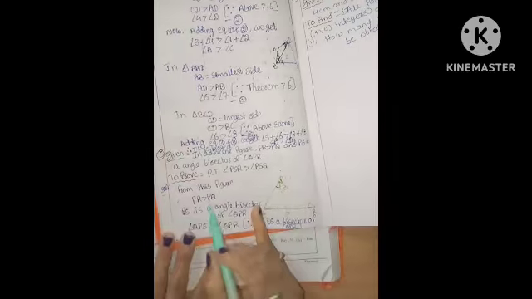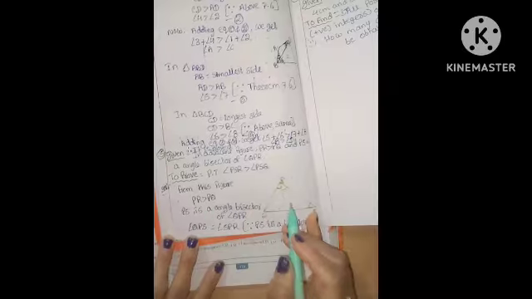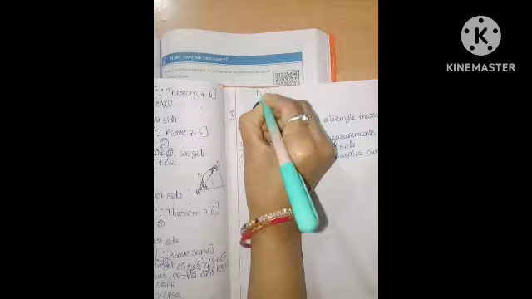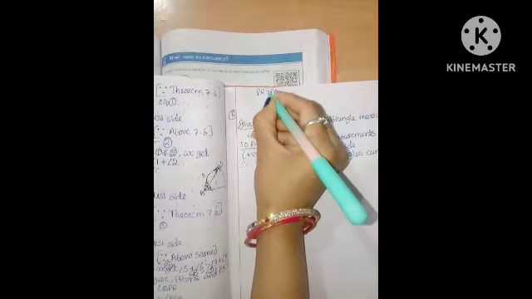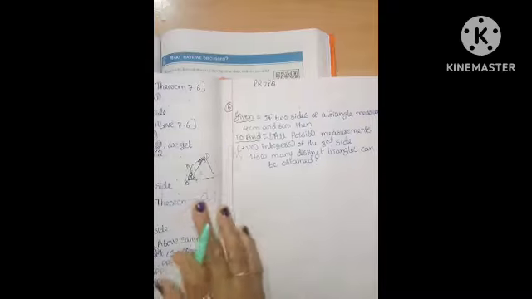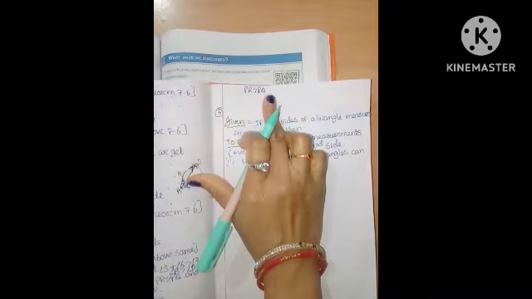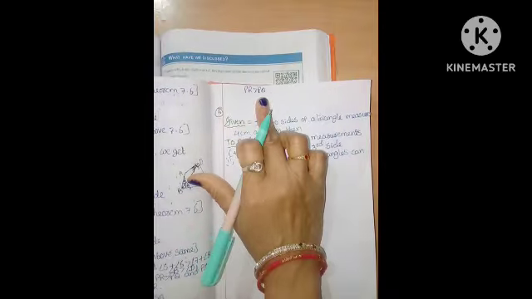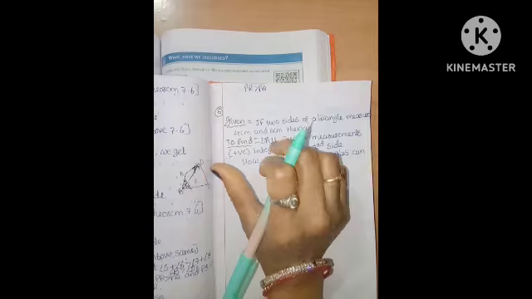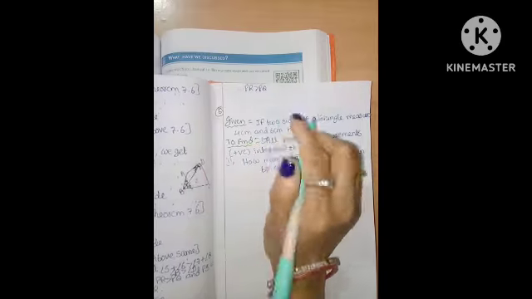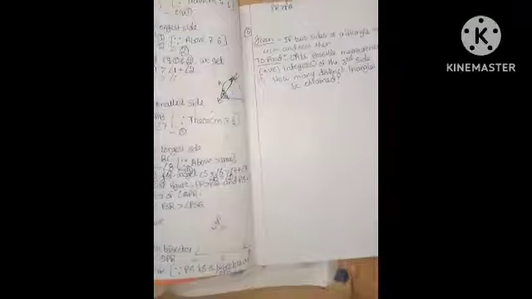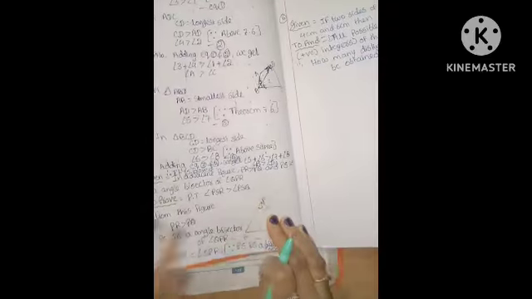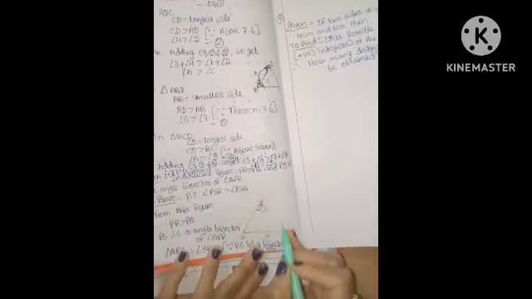Here the two sides are unequal: PR is greater than PQ. Whenever two sides are unequal, what theorem are we using? Theorem 7.6: the angle opposite to the greater side is greater, and the angle opposite to the smaller side is smaller.